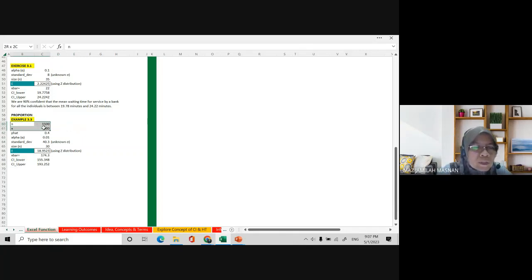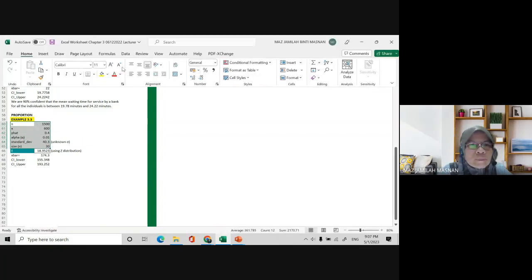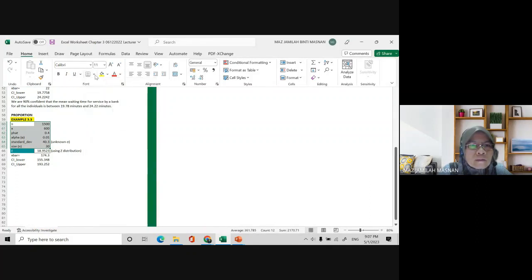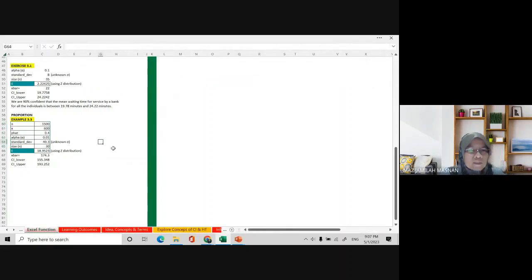Okay, I think it would be helpful if I put it so it would be much clearer. So for proportion, we don't need to have the standard deviation, right?